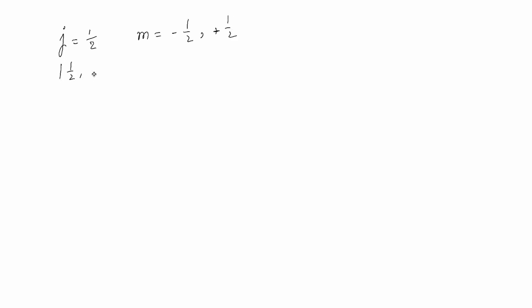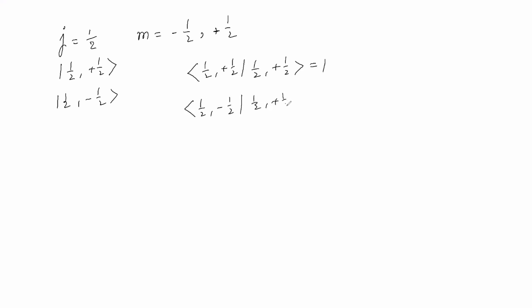Therefore, the states which we are forming are half plus half and half minus half. These states are orthogonal states. Therefore, this value will be equal to 1, while this value will be equal to 0.